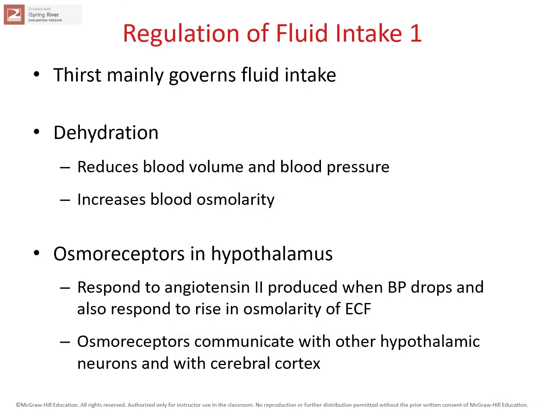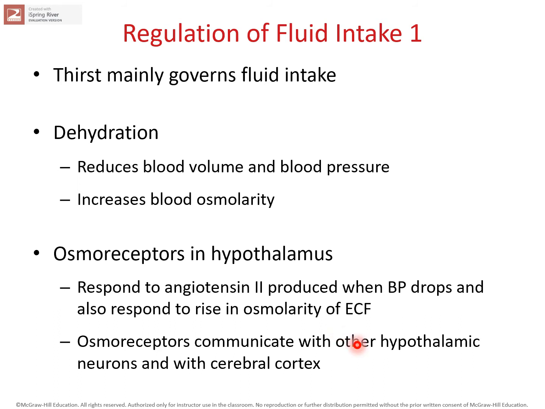So the thing that mainly governs fluid intake is us feeling thirsty, and the centers for this, like we talked about, are in the hypothalamus. The osmoreceptors in the hypothalamus respond to angiotensin 2 when the BP drops, and they cause a rise in osmolarity of the extracellular fluid just by the mechanism we saw earlier.